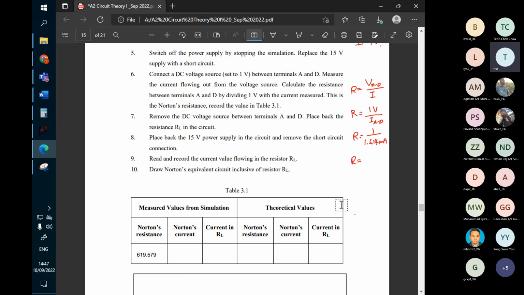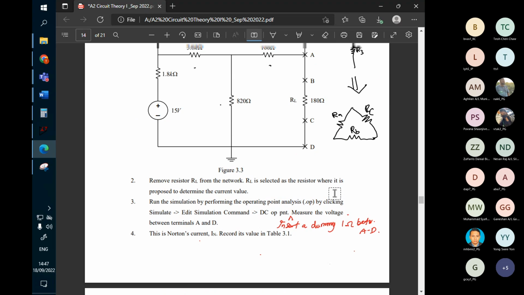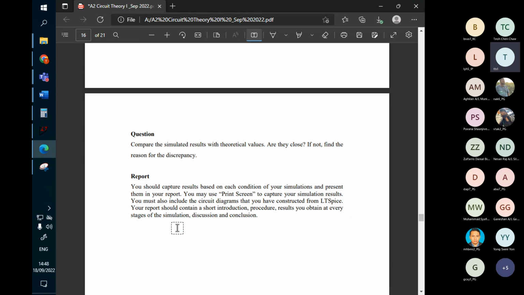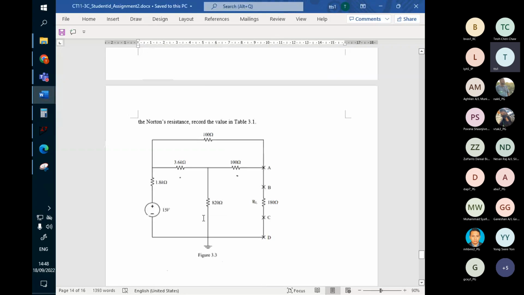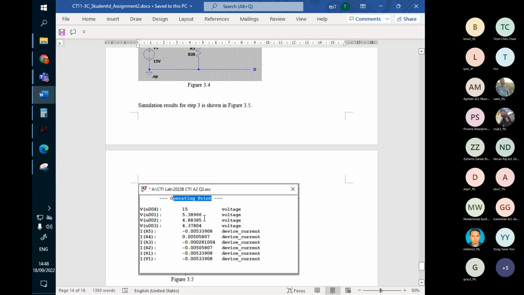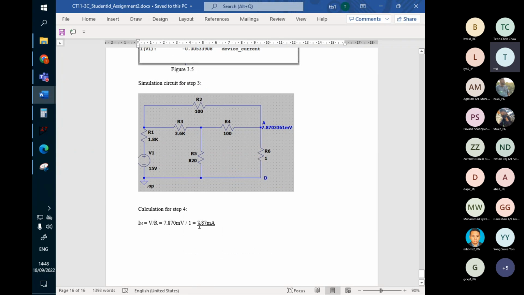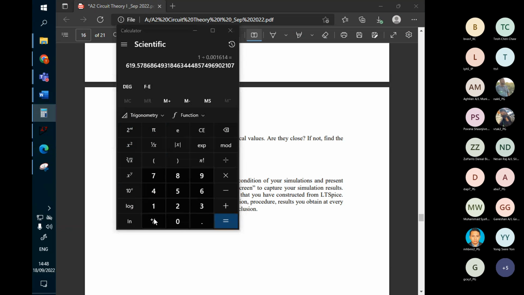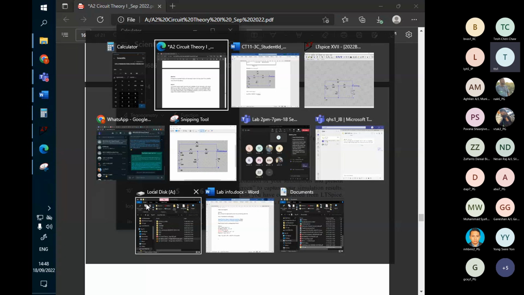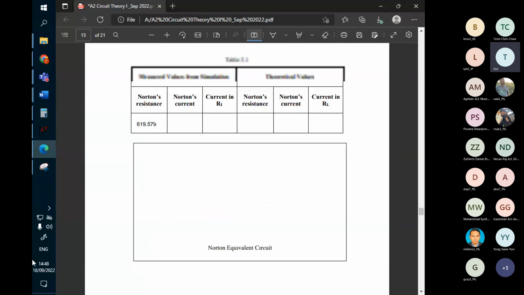So the current we determined in the previous step, the current we calculated here, is 7.87 milliampere. Let's come back here again.